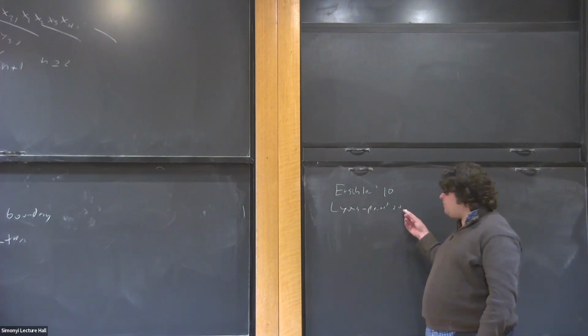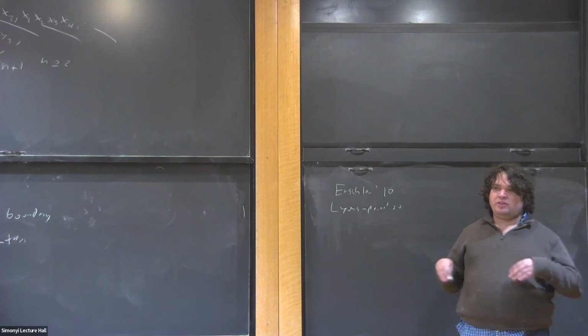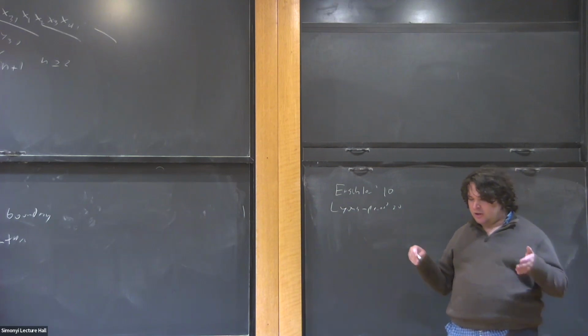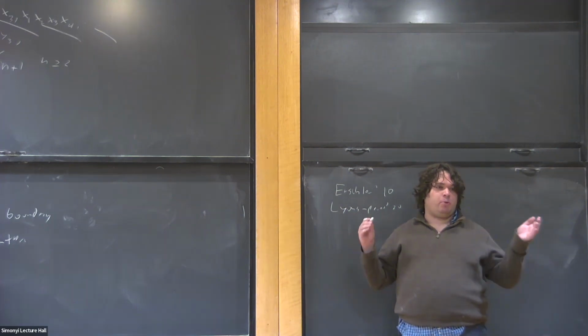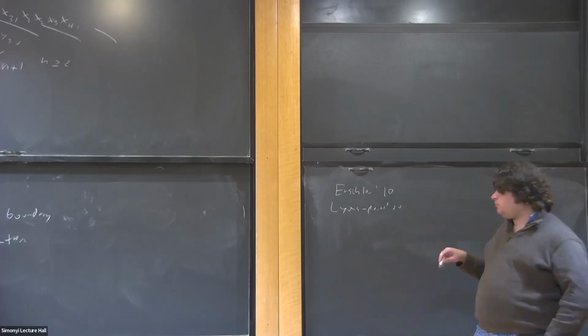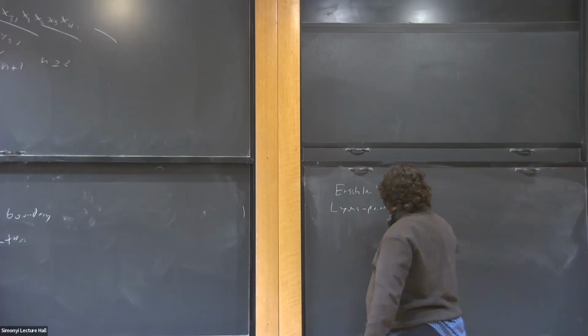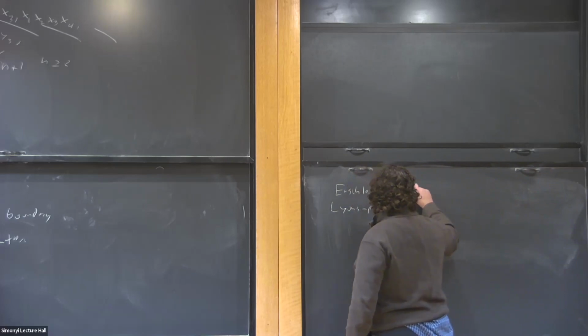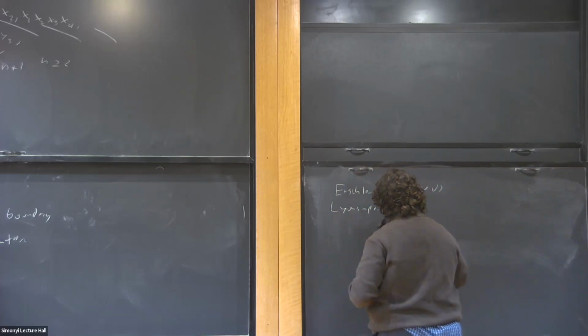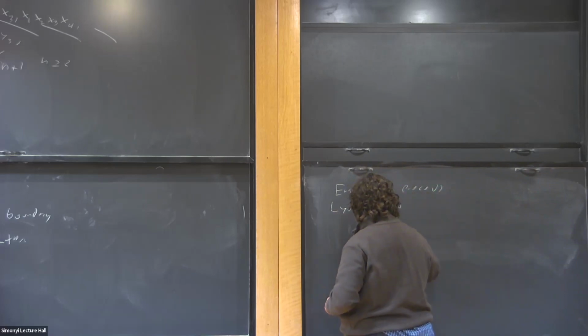The basic improvement of Lyons-Peres is they do things in 3 dimensions. Erschler does it in 5 dimensions under a more restrictive moment condition. So I'll just say, see, I want to focus on this one.